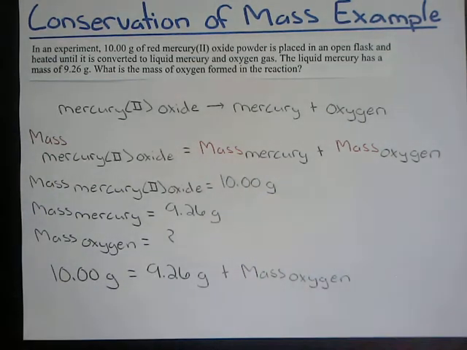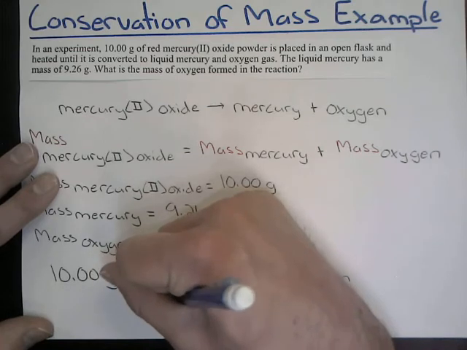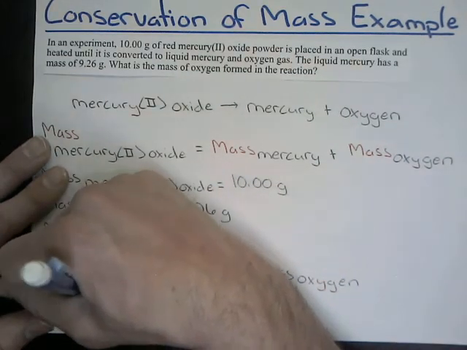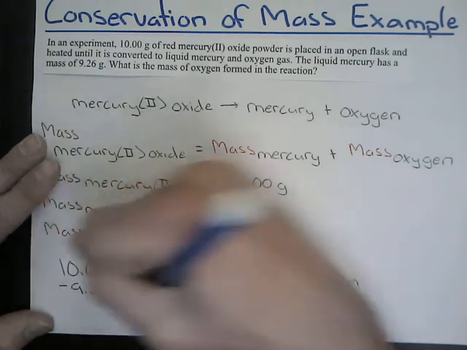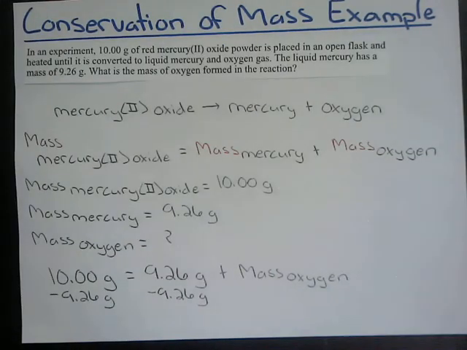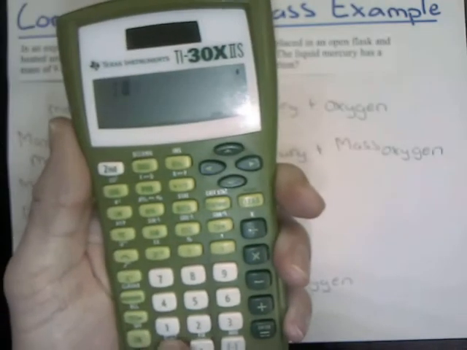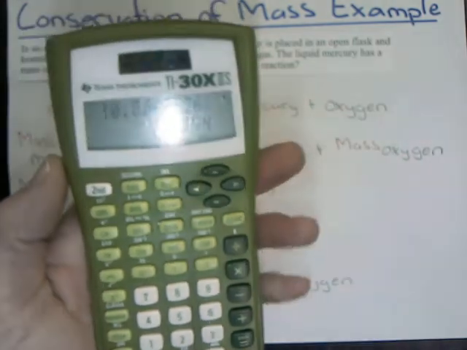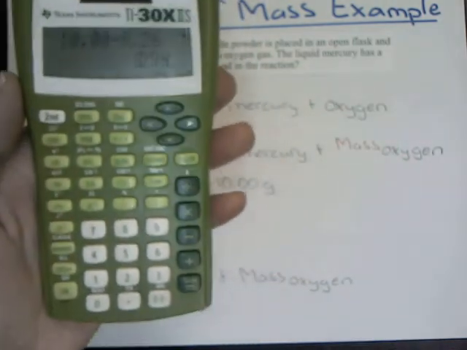Now, this is an addition equation, so to get rid of 9.26, we need to subtract 9.26 grams from each side. Now, you can probably do that in your head, but just to double check here, we put 10.00 minus 9.26, and we get a value of 0.74.